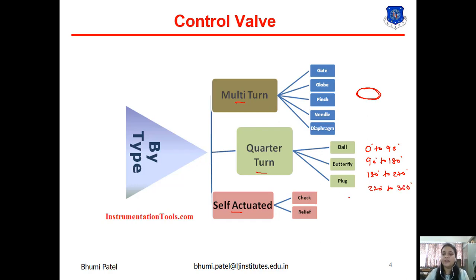So ball valve, butterfly valve and plug valve are the quarter turn control valves. And the next type is self-actuated. The check valve and relief valve are self-actuated. There is no need for a turn or multi-turn, so this type of valve is classified as self-actuated.